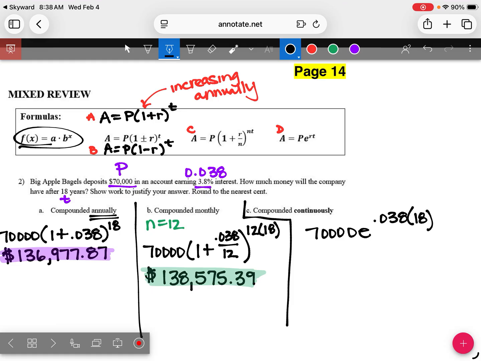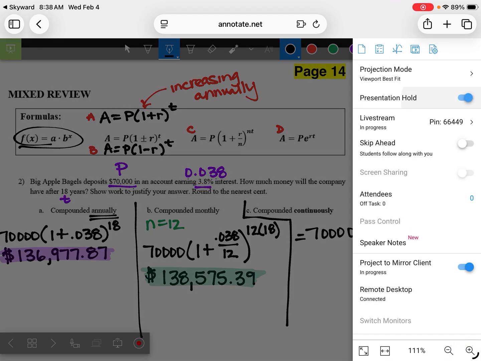This should be the highest of the three, but not by much. So it's just a little bit more than B. Well, not a little bit, but like $100 and some more.